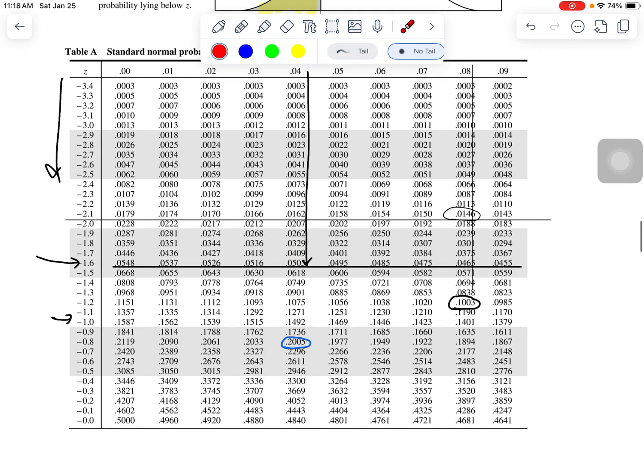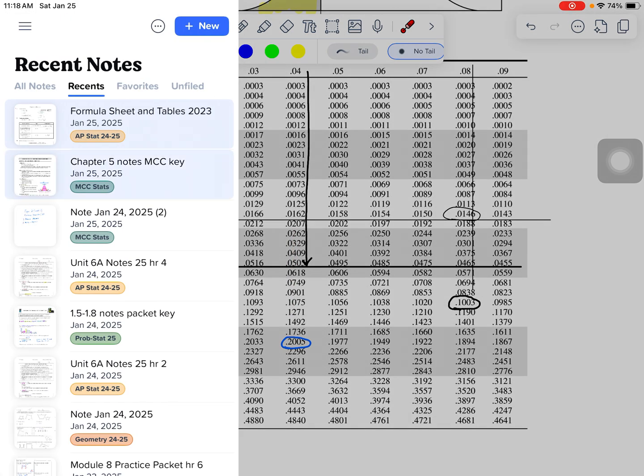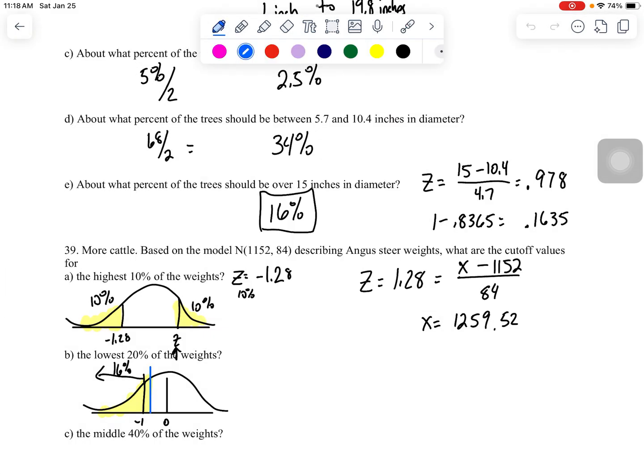So that's a negative 0.84. So my z-score is going to be a negative 0.84. So negative 0.84 is going to equal x minus 1152 all over 84. Again, it's algebra for the win, but if we do that, we get 1,081.4 pounds.